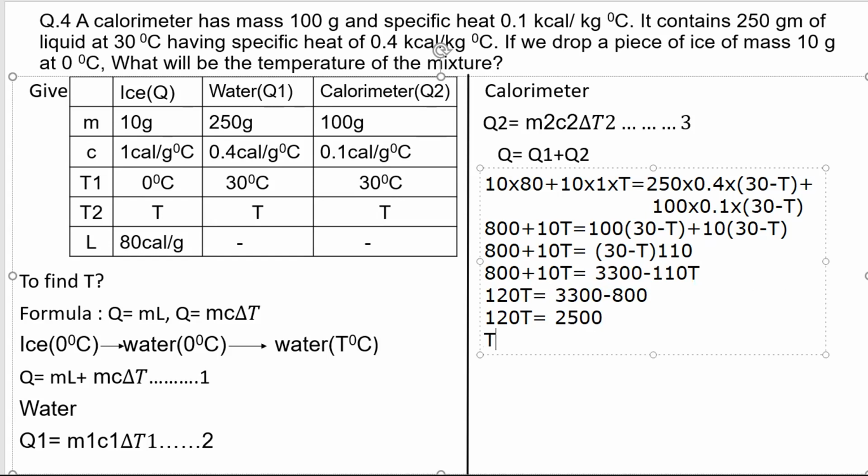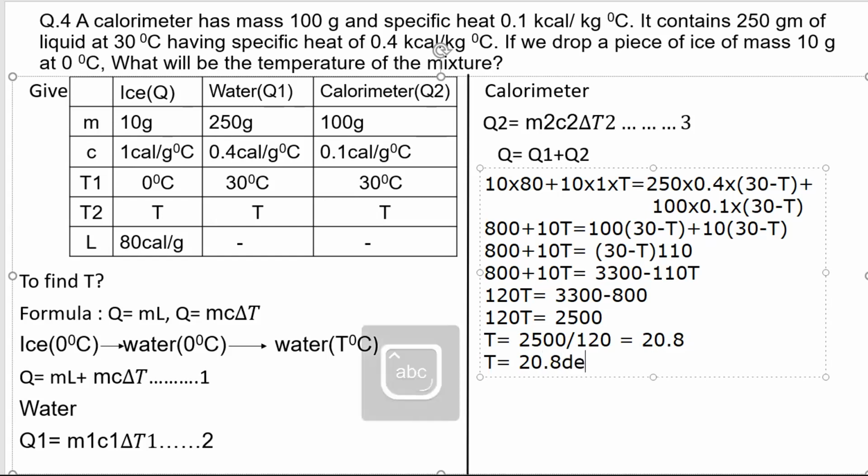Therefore T is equal to 2500 divided by 120. The zeros will get cancelled. We will get 25 upon 12. 25 upon 12 is 20.8. So we got the temperature of the mixture, T is equal to 20.8 degree Celsius.